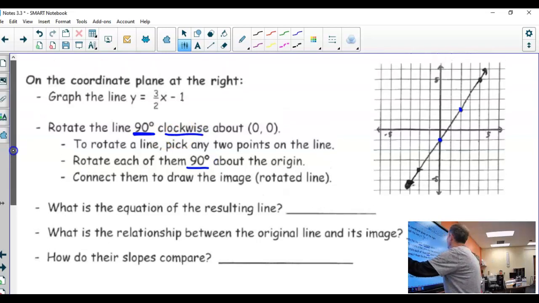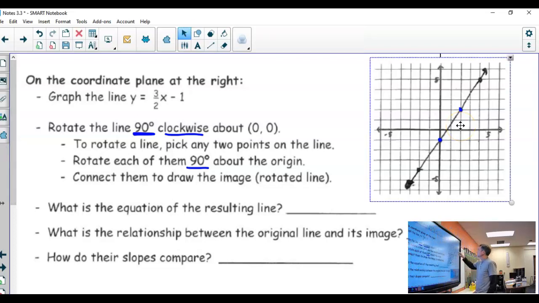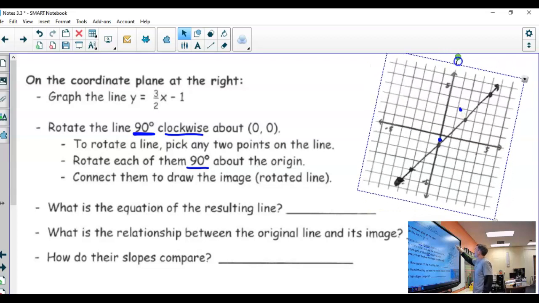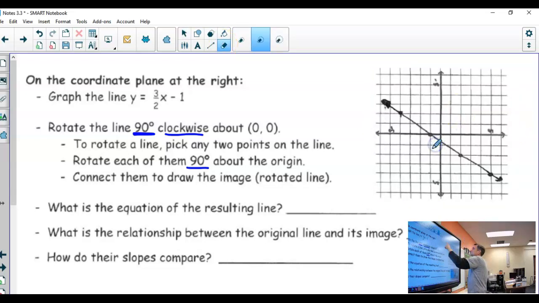So to do this, of course, I'm going to turn my paper, boom. I didn't get far enough up there, that's a little sad. There we go. I'm going to turn my paper 90 degrees clockwise, boom. And I'm going to see where those points ended up.